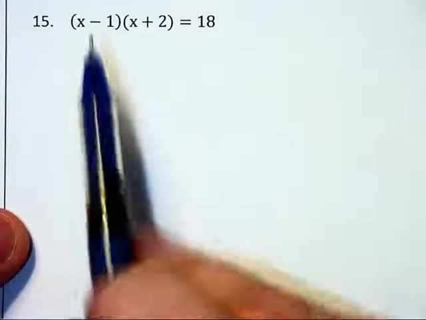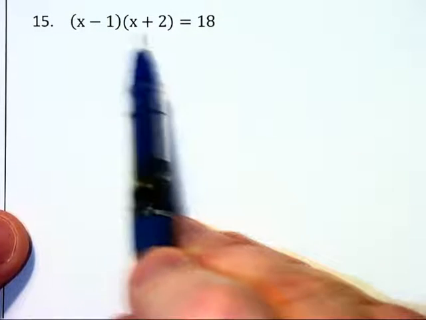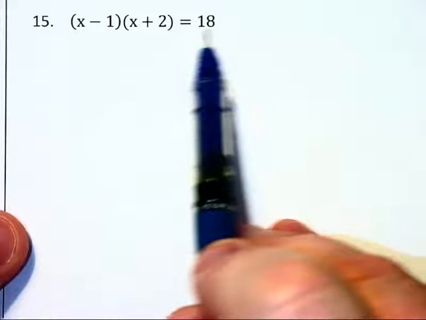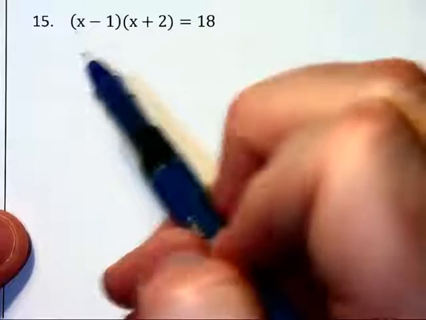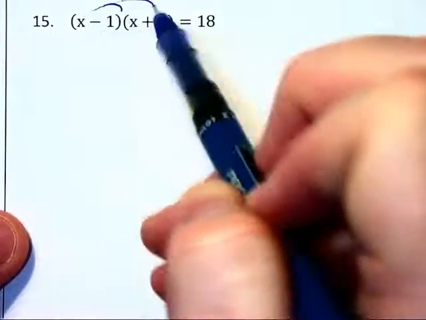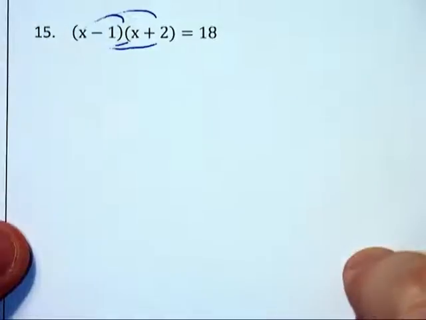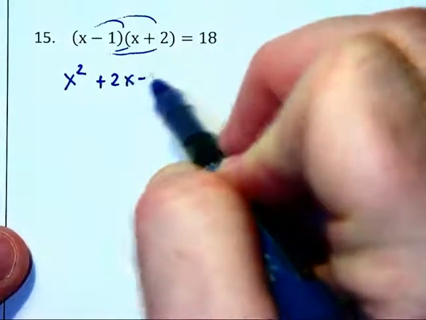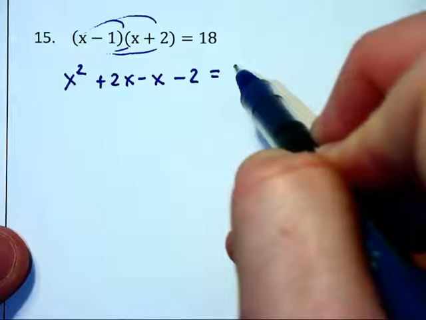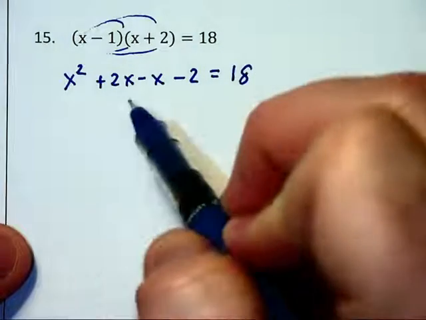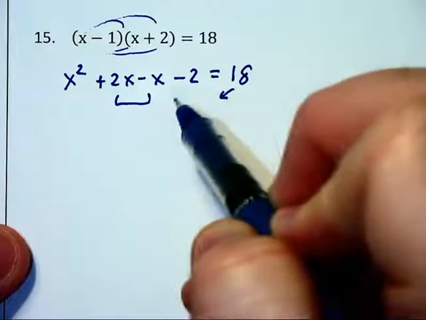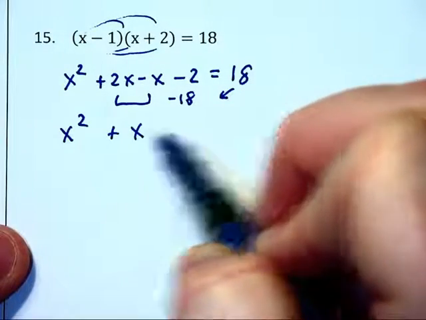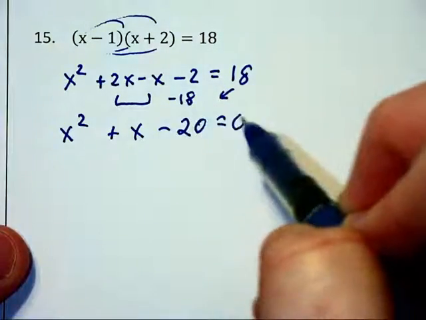For this next problem, even though you see it factored on the left, don't say, hey, my answers are 1 and negative 2. That's only if it's set equal to 0. For this problem, we actually have to do all the distribution out on the left and rewrite this as x squared plus 2x minus 2 equals 18, and then combine like terms and subtract that 18 to the left, giving us x squared plus x minus 20 equals 0.